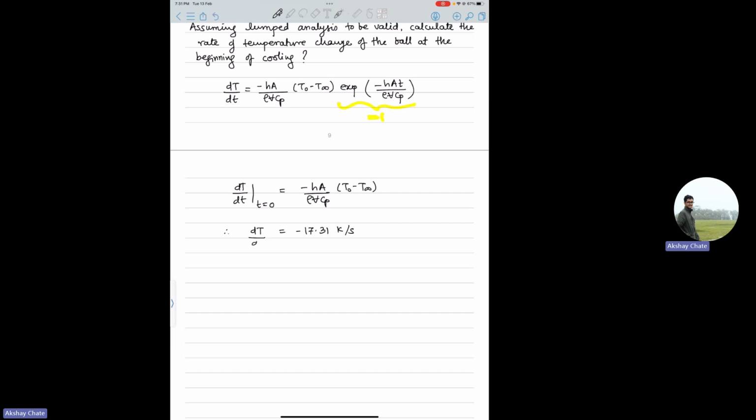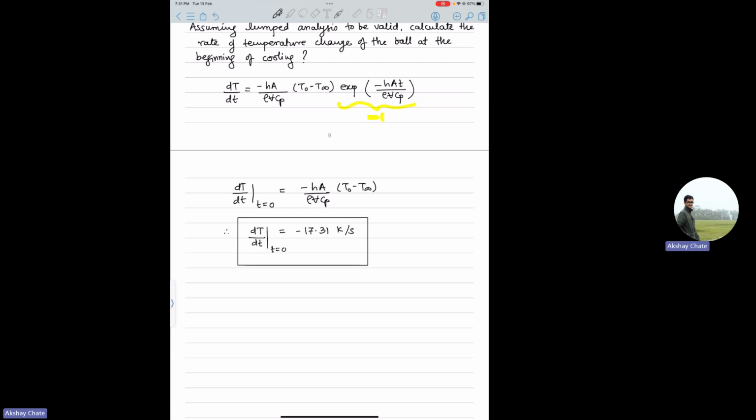So within a second, the ball temperature is dropping by this much initially. Later, the rate will decrease because the delta T between the bath temperature and ball temperature will decrease, and that reduces the rate of temperature fall also.